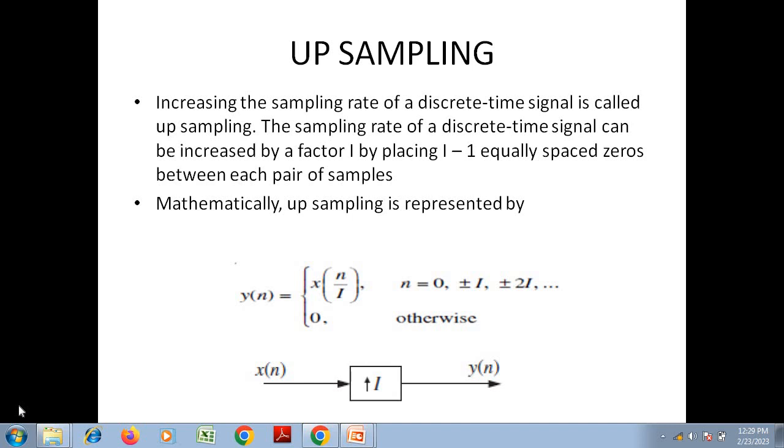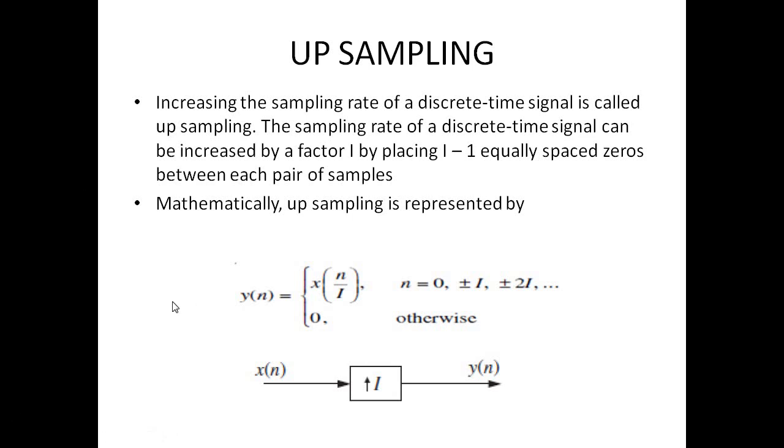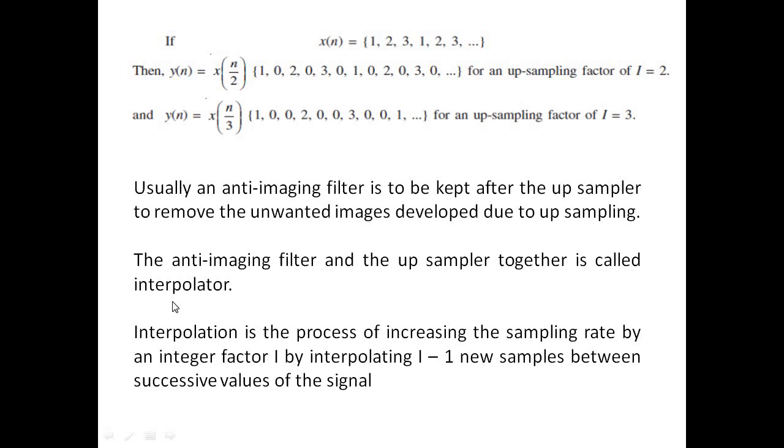The same is depicted in the picture: x of n, then the upsampler by a factor I, then y of n. I have taken an example, x of n equal to 1, 2, 3, 1, 2, 3. Now we want an upsampling by a factor of I equal to 2.